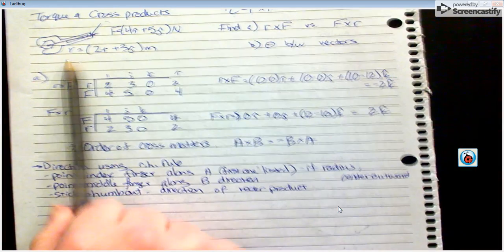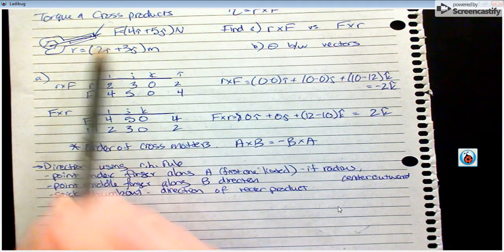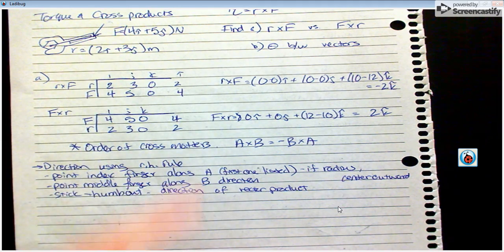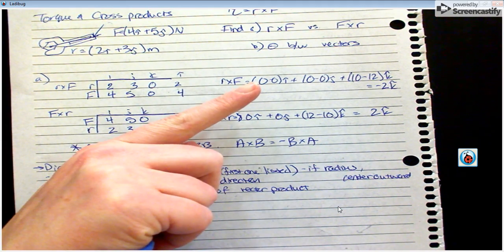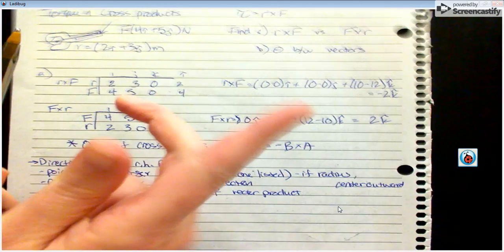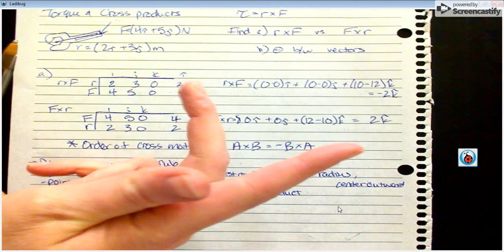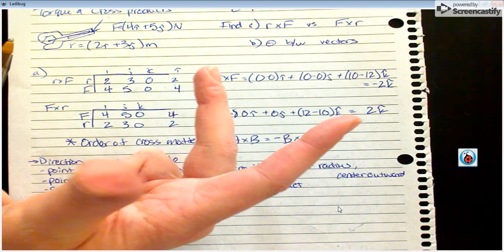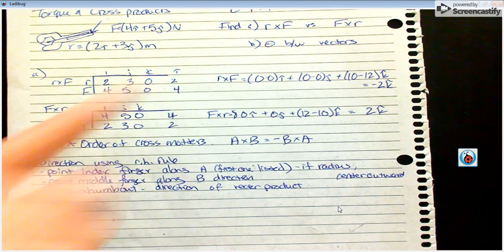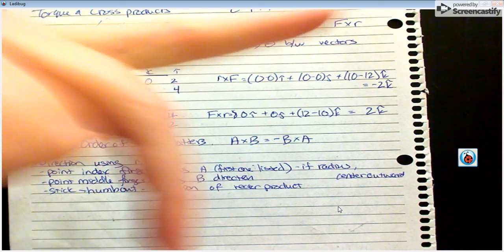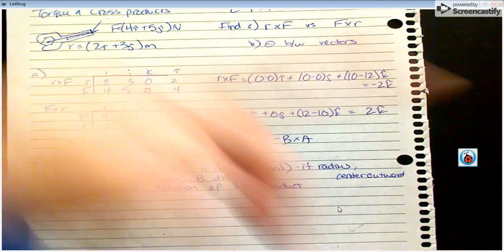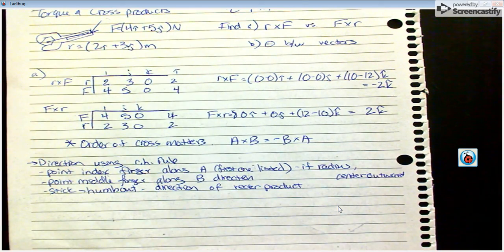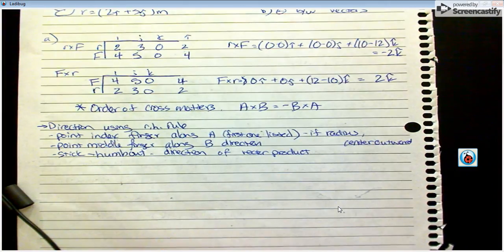If the force vector was pointed that way, then we'd have our radius vector and our force vector, and our torque would be coming up out of the page. But in this case, it's radius, force, so there's our torque into the page. That was a really good demonstration.